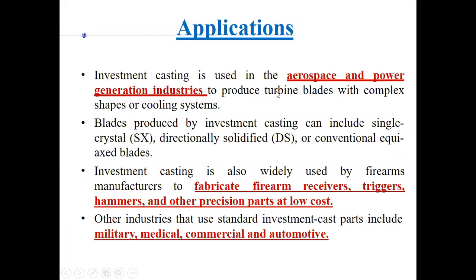Okay. You see, as for applications, as I said, aerospace and power generation industries use it to produce turbine blades with complex shapes or cooling systems. Blades produced by investment casting can include single crystal, directionally solidified or conventionally equiaxed blades also. I even talked about directional solidification.